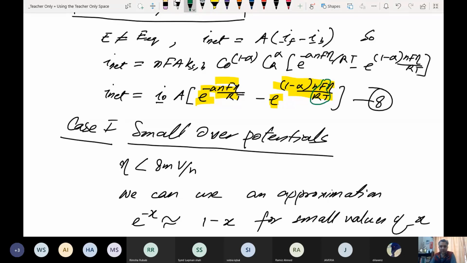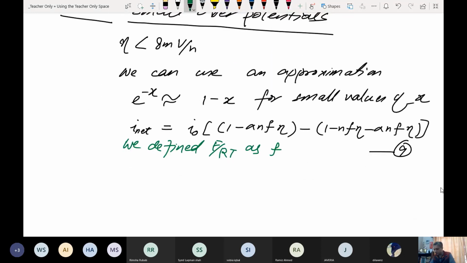You can vary the other things if you want, but this can be taken as a separate constant. Similarly, it is present over here. So for making it a bit easier, if we define that as small f, then we have this equation over here.